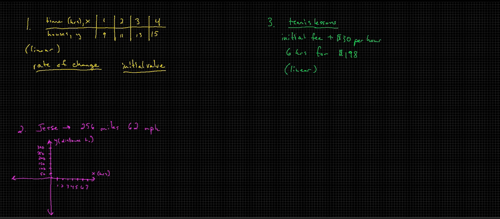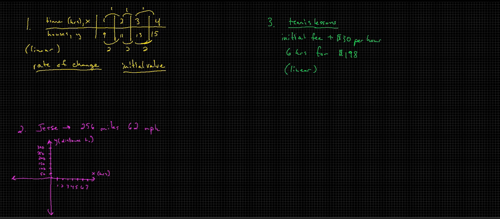So the rate of change, we'll look at what are the differences in the inputs, x, and those are just 1 hour each. And the differences in y is 2 each. So for each change in x of 1 hour, we have 2 birdhouses being built.